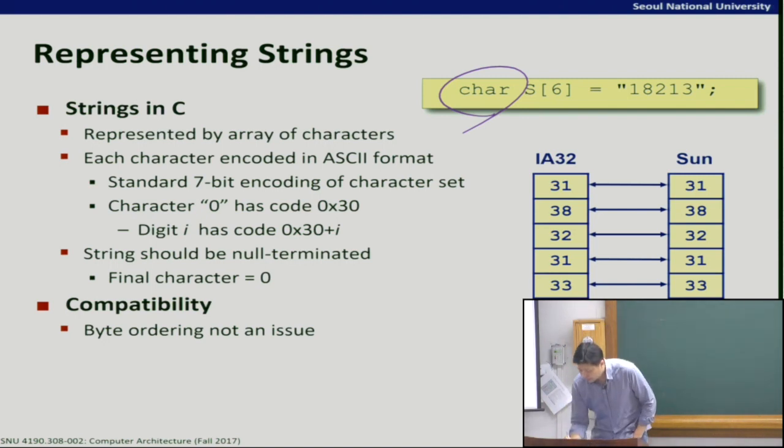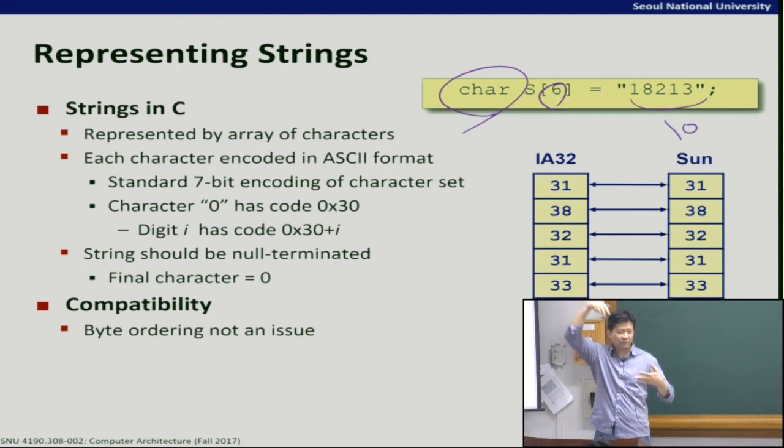In this case, we have 5 digits, so it takes 5 bytes, but we actually have 6, right? Because we need one more byte, which is called the terminator symbol, represented by \0, right? So \0 is a terminator, which signifies that this string ends here.